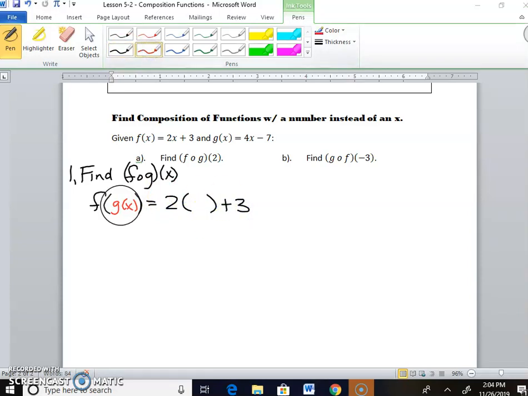Okay, but I don't have an x in there. I have a g of x. Well, my g of x is going to be 4x minus 7. So I've got a 4x minus 7 plugged in here. If I distribute, 2 times 4x gives me 8x. 2 times negative 7 gives me negative 14 plus 3. So that's 8x minus 11.